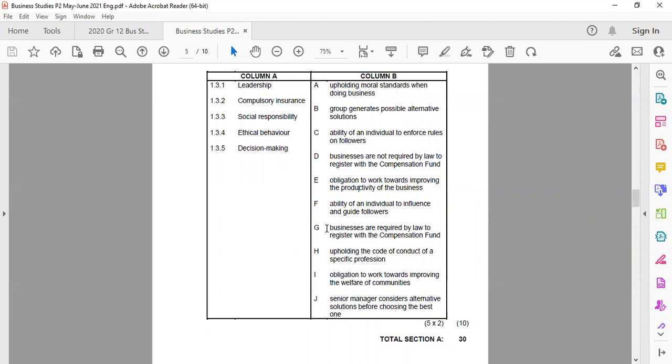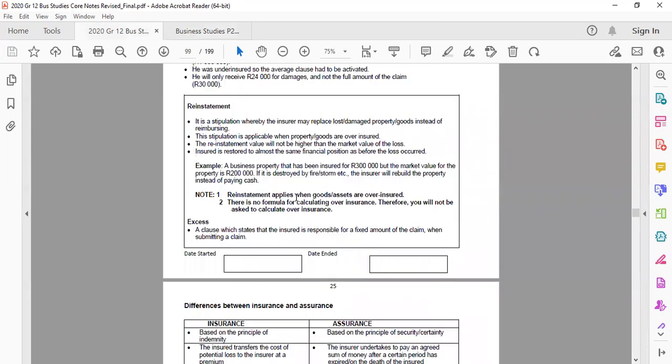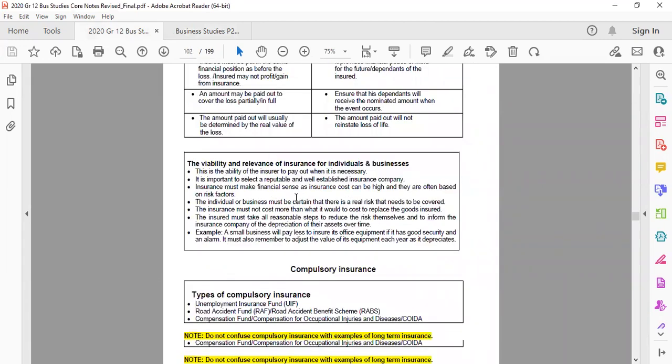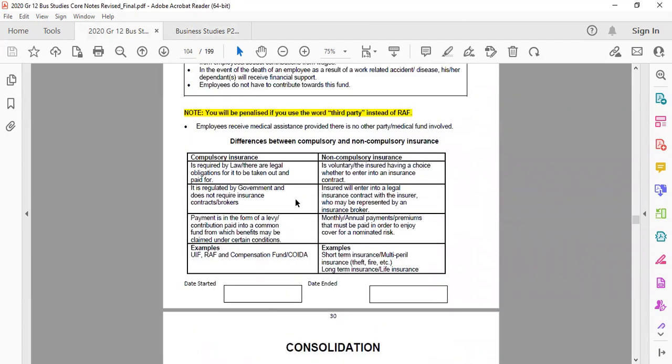And people, I want you to see that this definition is coming from here where we were now. Here it is. It's required by law. There are legal obligations for it to be taken out and paid for. So that is required by law. That gives you the marks.